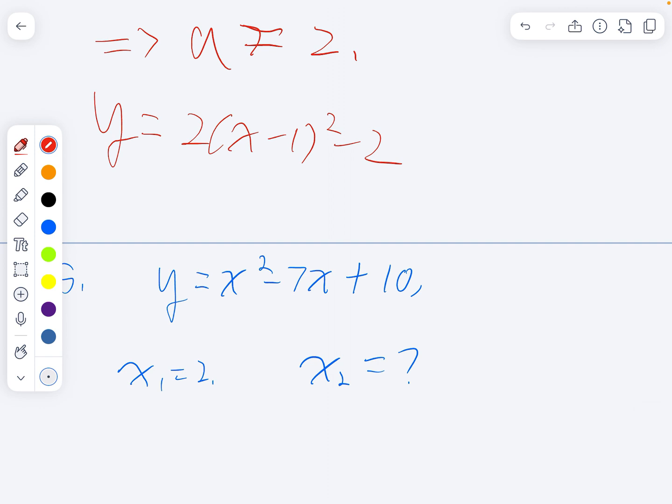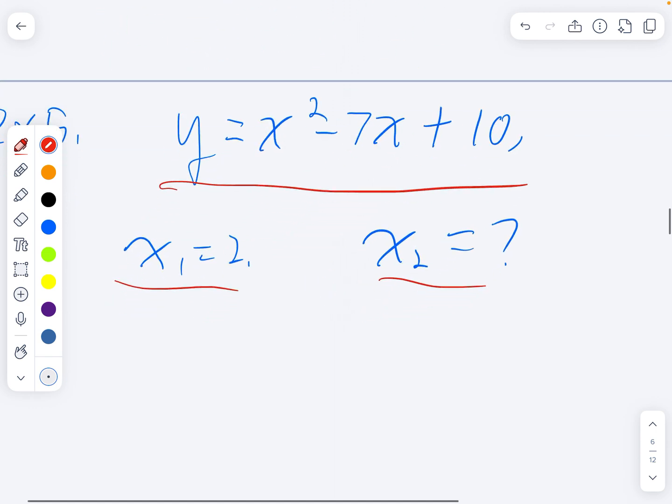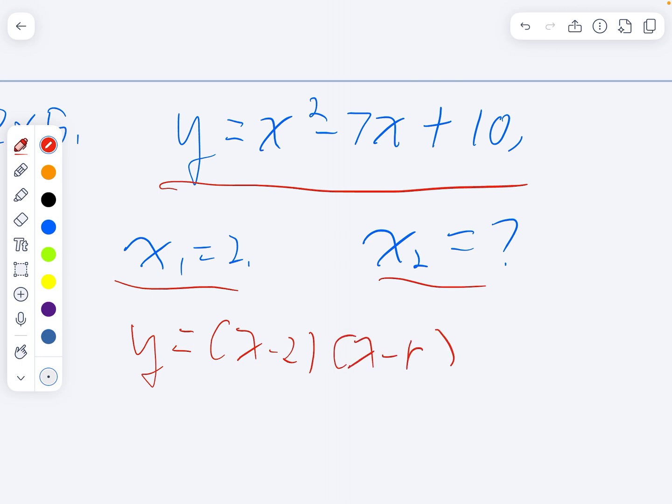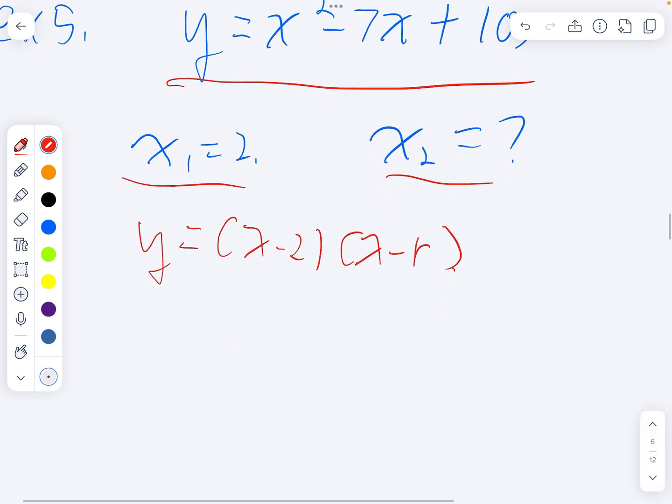Okay, the other one is the standard form. We already know one root. We need to find the other root. The method is you can write the sum of the roots over 2 equal to the axis of symmetry.